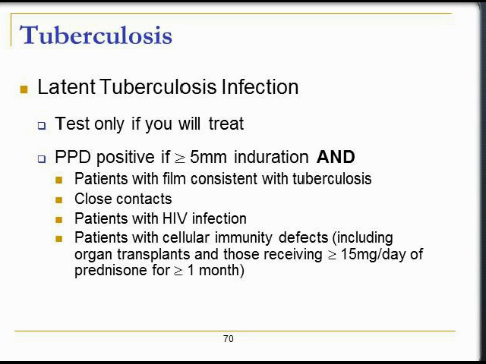And based on the result of the PPD and other patient characteristics, then you treat the latent TB infection based on those results. So if you are placing a PPD and it's positive, and if it's at least 5 mm in duration, that means the bump is at least 5 millimeters, and the patients have any of these risk factors, so a positive chest x-ray, close contacts, patients with HIV, cellular immunity defects, etc., those people need to be treated for latent TB.